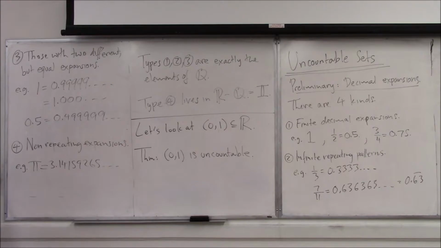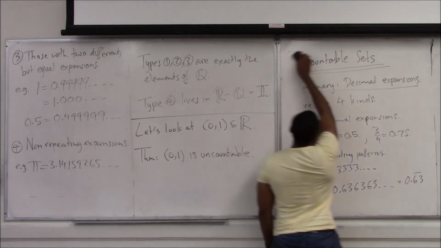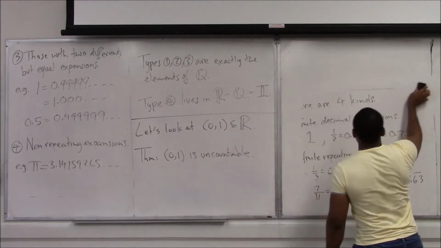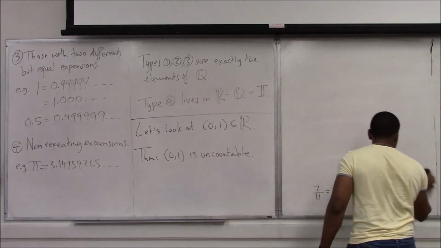This theorem basically says that if you look at all the real numbers between 0 and 1, you have an infinite number of them, and you will not be able to write them down in a list. In fact, the size is different from the size of the natural numbers, is another way of saying that.